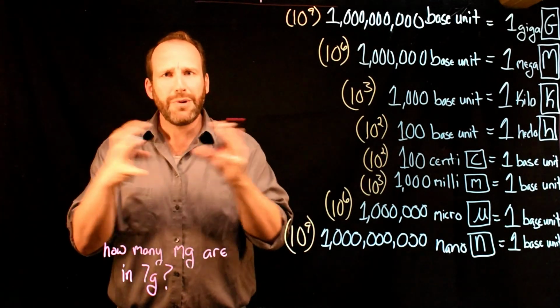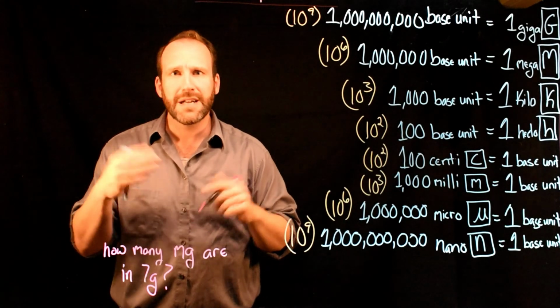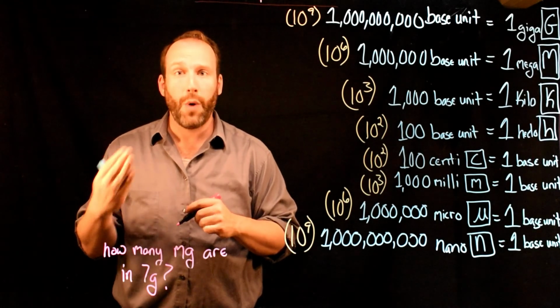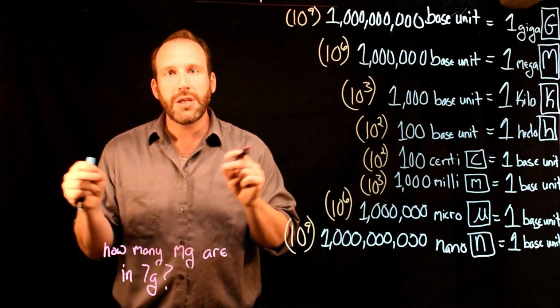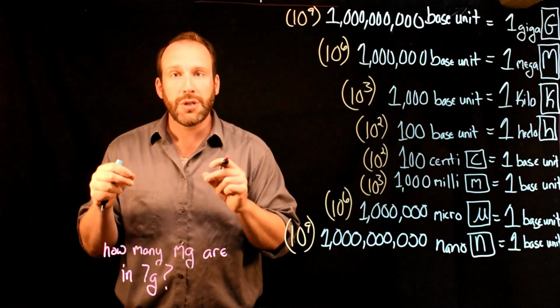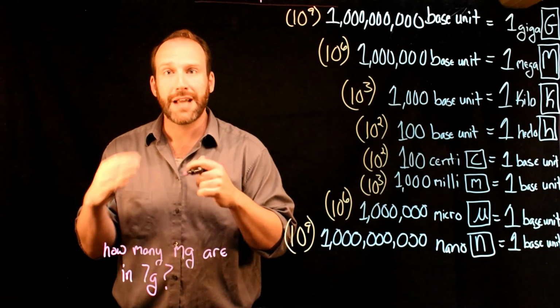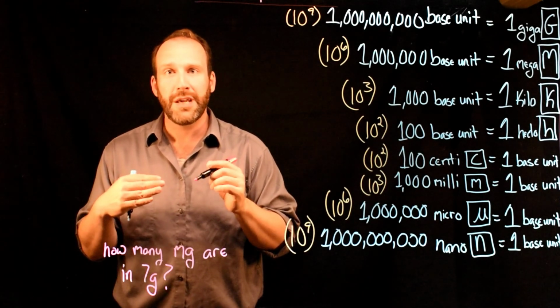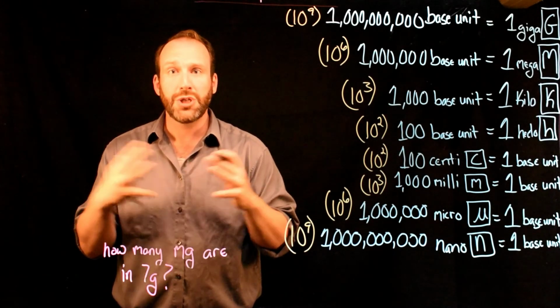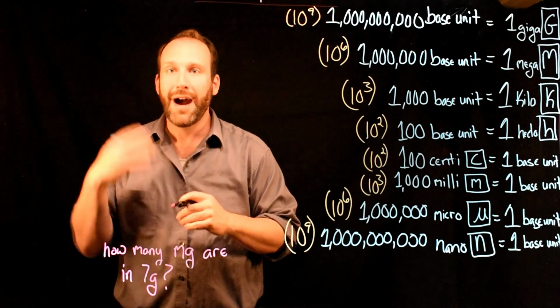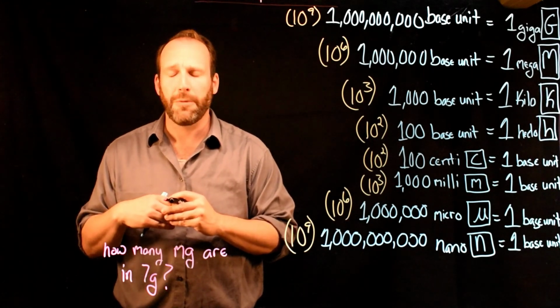Okay, but how would we write that out mathematically? Because sometimes they're not so obvious, right? So we're going to use a technique called dimensional analysis that we're going to continue to use a lot in chemistry. And so if you haven't checked out my dimensional analysis video yet, and you're having some issues with what we're writing here, I highly recommend that you check that out as well.